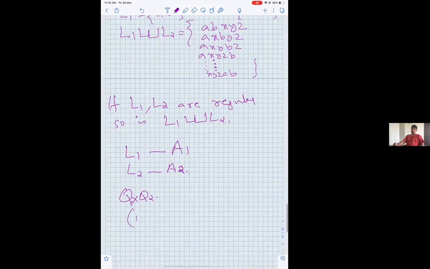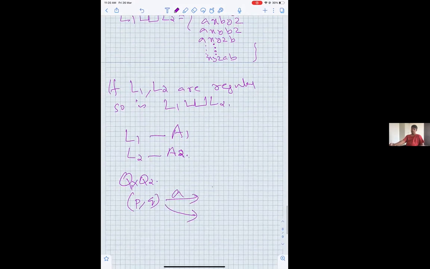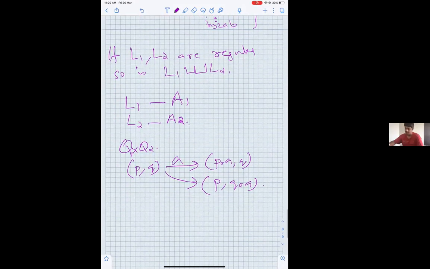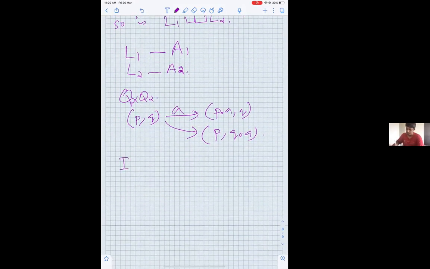If I'm in state (P, Q), on a letter A, I choose which way I'm going: it is either going to be (P.A, Q), or it is going to be (P, Q.A). The initial state is the pair of both initial states of A1 and A2.